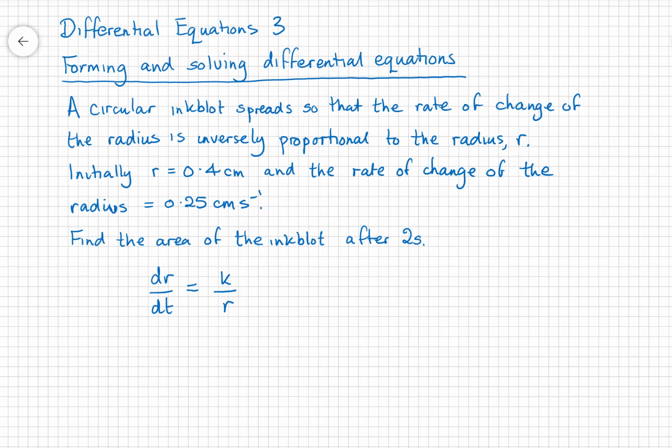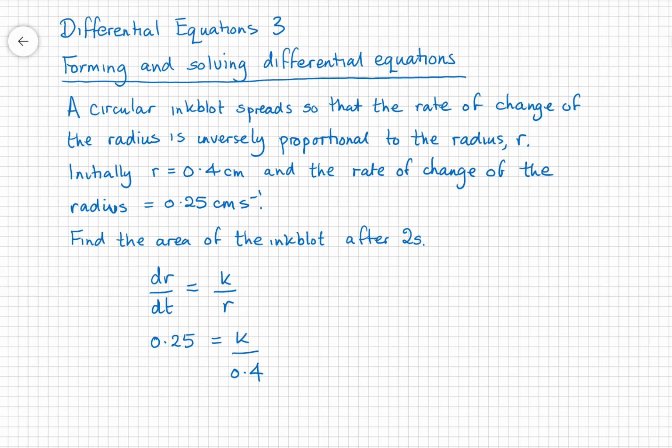Now, at this stage, we don't know what k is, but we're given some additional information. We're told initially, that is, when t is equal to 0, the radius is 0.4 centimetres, and the rate of change is that value of 0.25. So we can substitute what we need of those values into our relationship. So the rate of change is equal to k over the radius, which is 0.4.